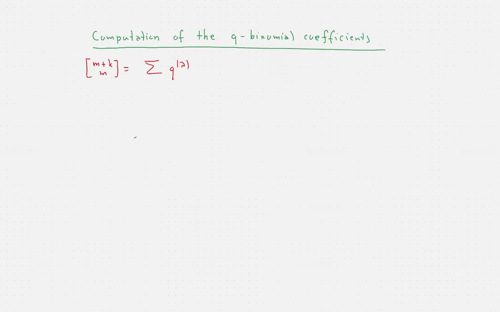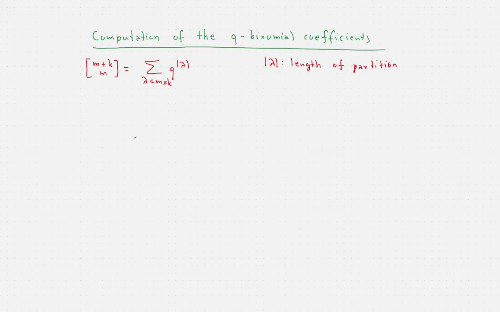And L here is the length of the partition. And here, when we talk about partition, we really mean the Young diagrams that are contained in the M by K grid.